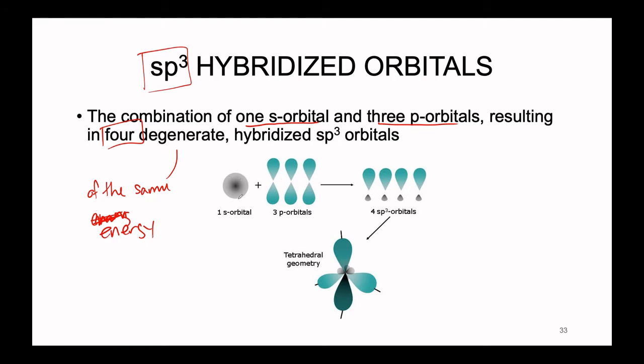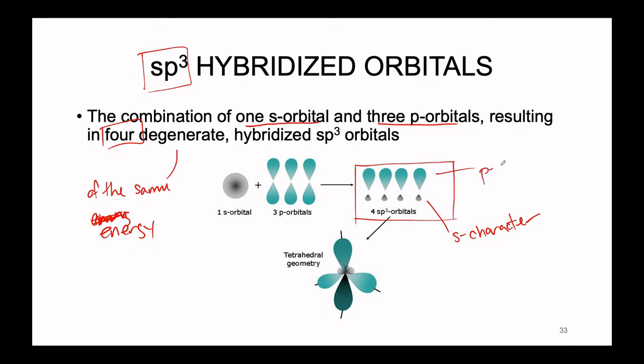So we take our 1 s orbital, illustrated in gray here, combine it with 3 p orbitals, and these 4 new sp3 orbitals have some s character, which is why the lower lobes are illustrated in gray. This is the s character of the orbital. And they also have some p character to them, which is why the upper section is illustrated in teal.